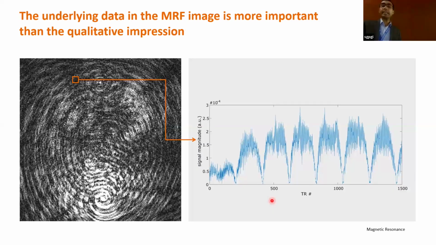So what we are getting is, on the left side, you can see this is what you are getting, the data. And then in each pixel, you have a specific pattern depending upon the tissue and the fingerprinting scheme used. It can give you a specific pattern of signal coming from that particular pixel.